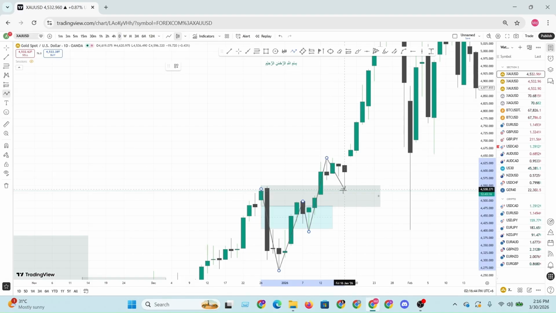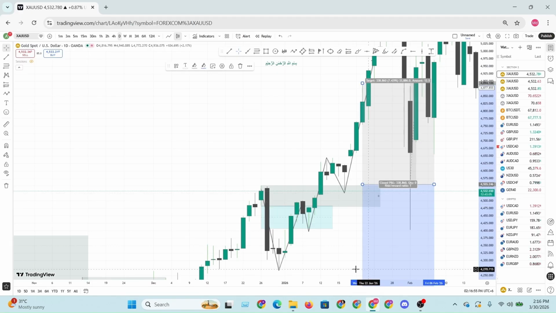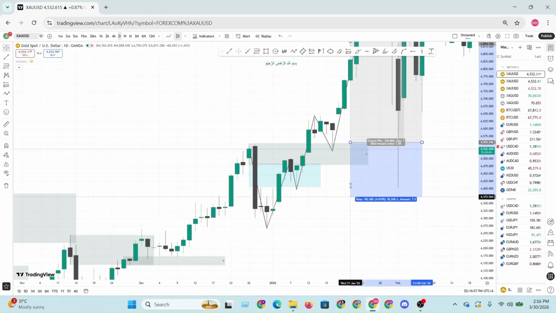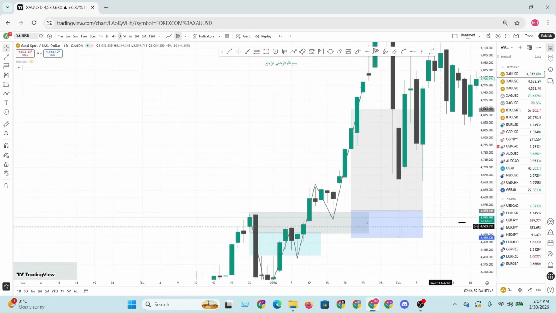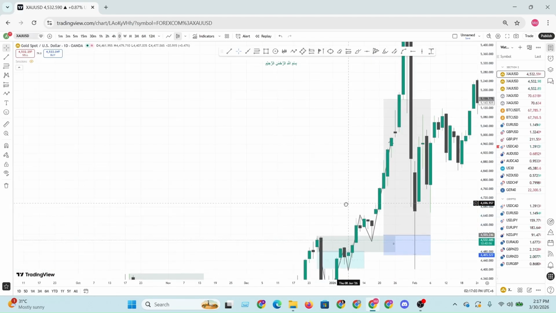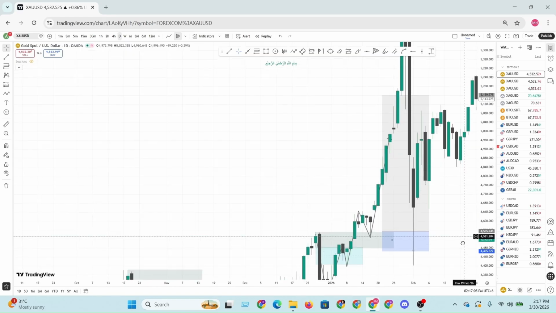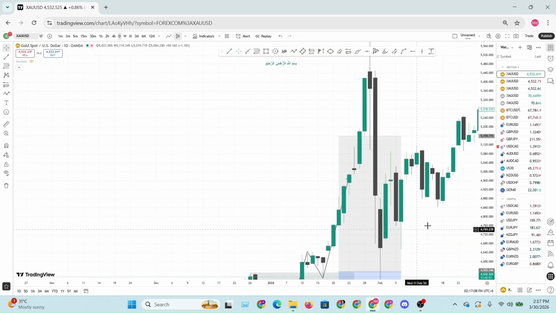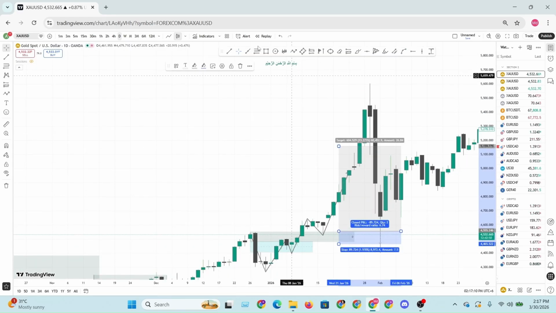Then it came to retest this level, and from here it moved upside. It went so long.